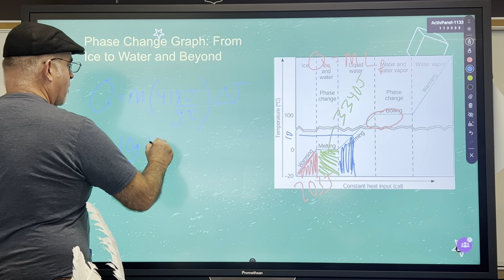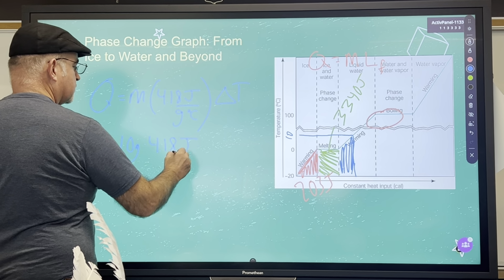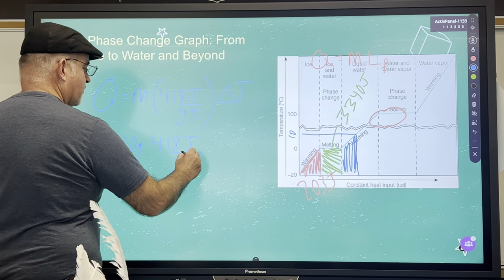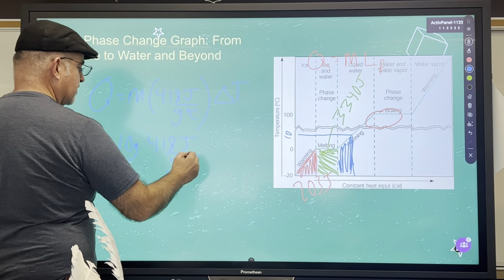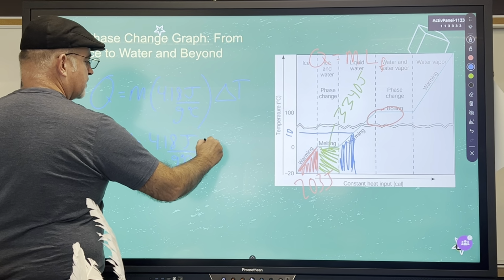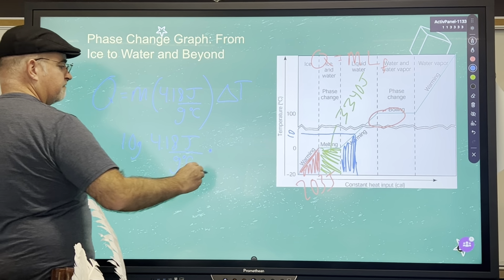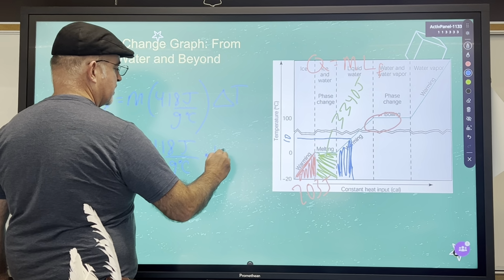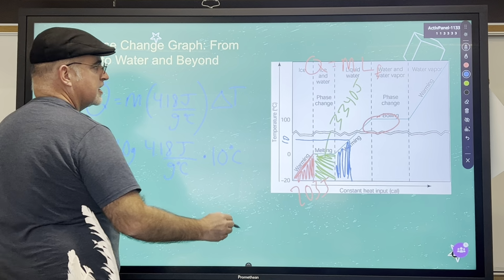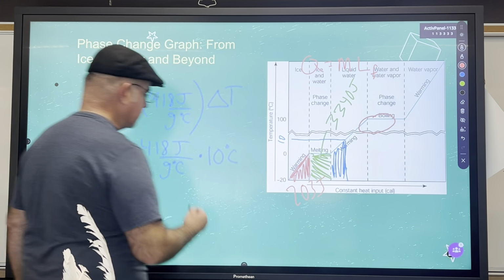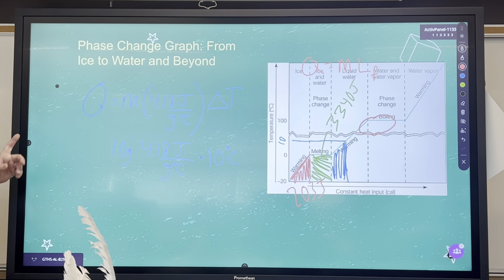Times 4.18 joules per gram times degrees Celsius, times, and what was our change in temperature again? 10 degrees Celsius. Now what can I cancel out? What are the units that I could cancel out?